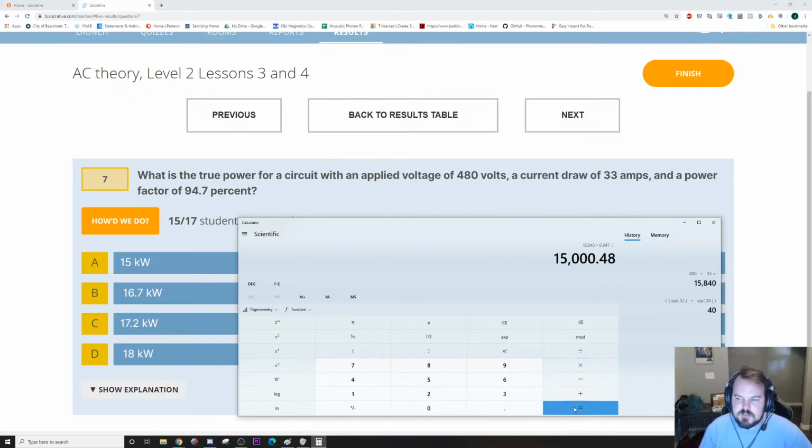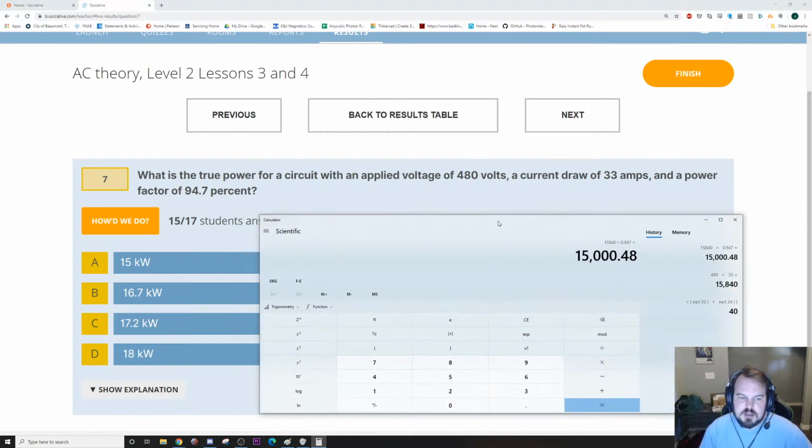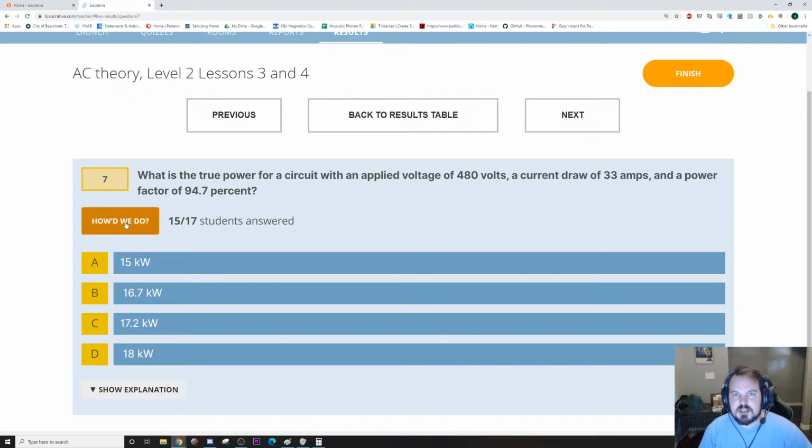And that's how you get the percentage of something. So that's about 15 kilowatts, because kilo means 1,000. All right, that's it. And that's the majority.